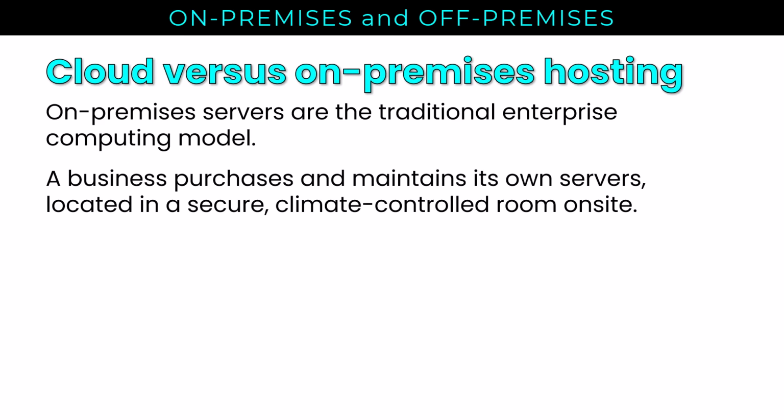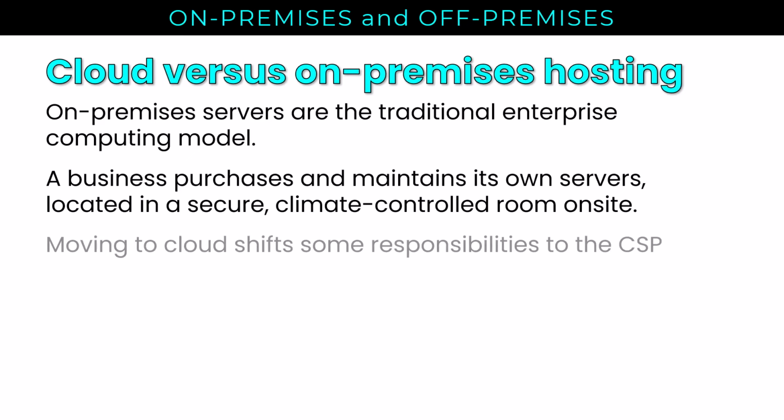So a business purchases and maintains its own servers in a data center when they're hosting on-premises. So there's a lot of upfront investment. Moving to the cloud is going to shift some responsibility over to the cloud service provider. Most notably, a lot of that infrastructure investment that the organization was doing can go away.